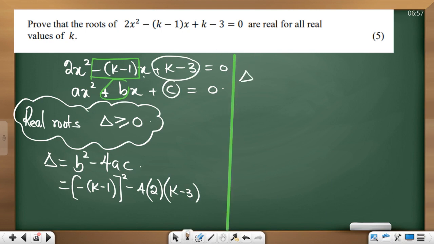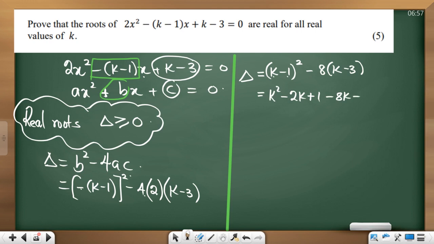Let's go simplify that discriminant. Negative squared will be positive. So basically, I am left with (k minus 1) squared. Just to simplify, 4 times 2 would give me 8, and I have k minus 3. Beautiful. Let's simplify this. k squared minus 2k plus 1. I have simplified, remember, (k minus 1) squared, that's minus k multiplied by 2. That's how I got that.